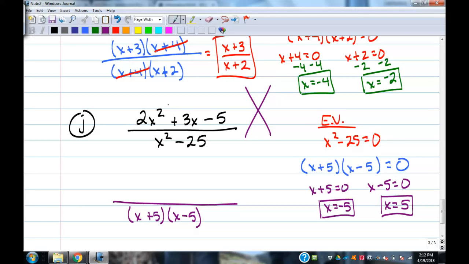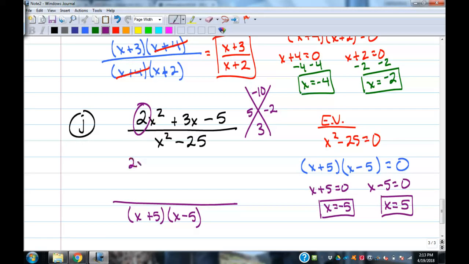What goes in the top? -10. 2 times -5 is -10. 3 in the bottom. 5 and -2. Now here's the kicker. Can I put x plus 5 and x minus 2? No. Why not? That 2 in front tells me I can't go straight to x plus 5 and x minus 2. I've got to do some grouping before I do that.